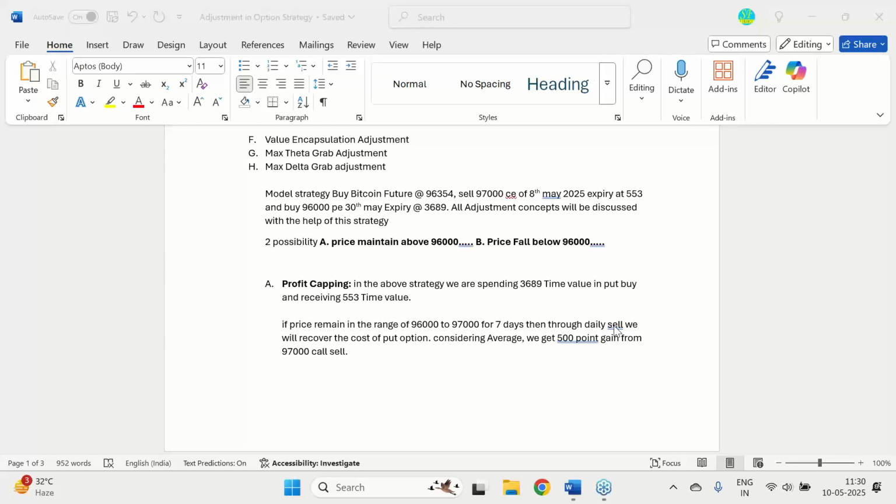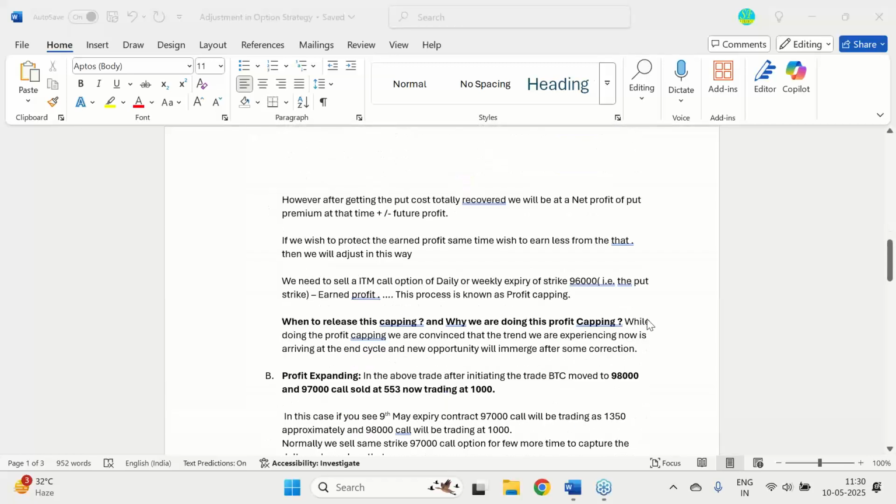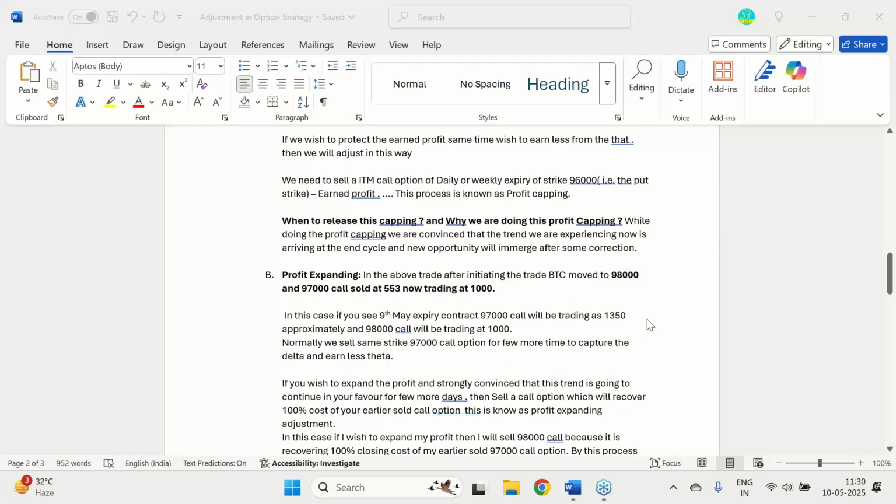So we'll again change our plans and move to something where we can again participate in the market and still not sacrifice this. So this is one of the ways. Coming to profit expanding. So we earned certain things. We are slightly more risk takers.